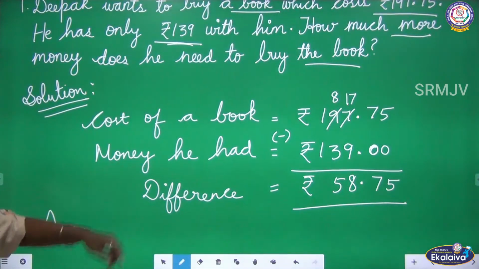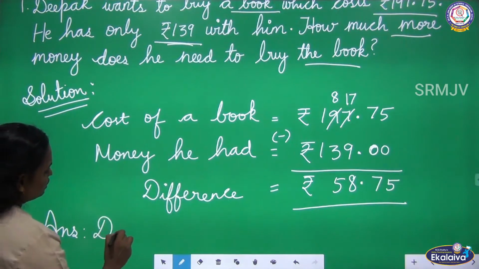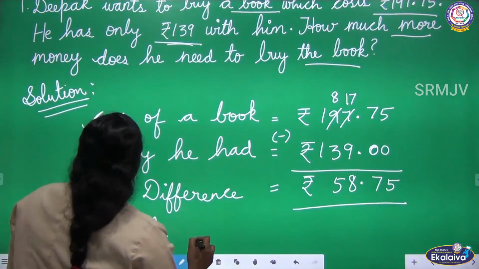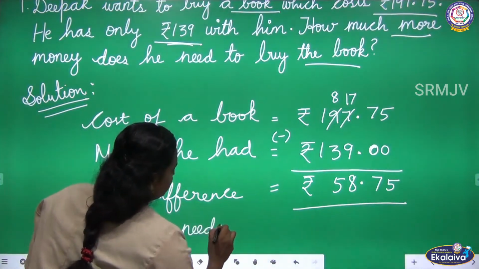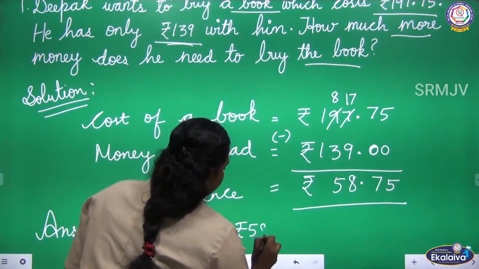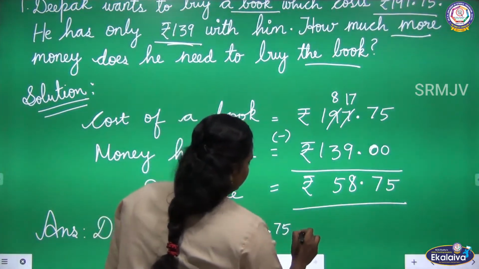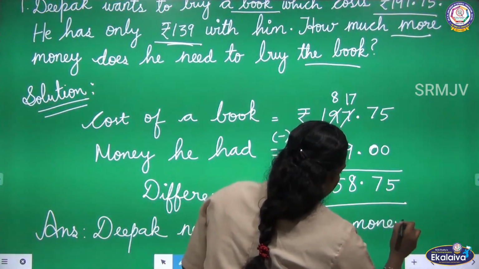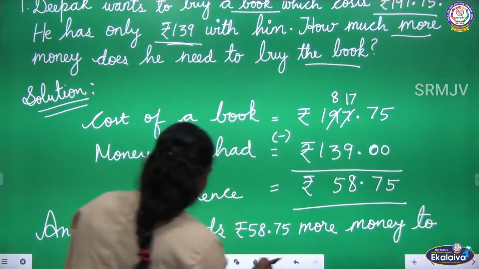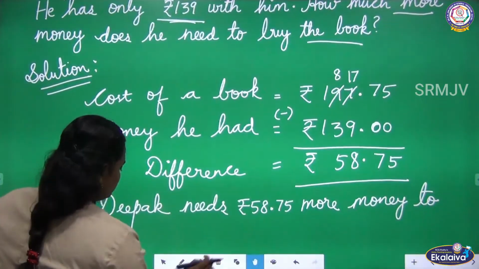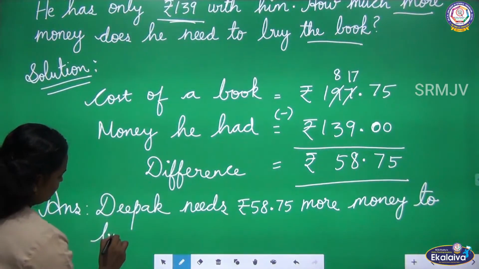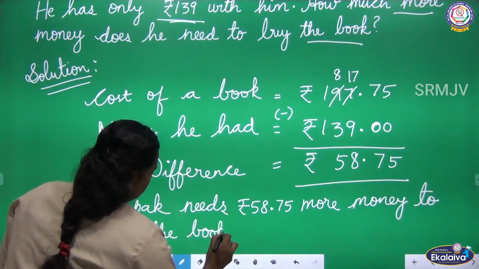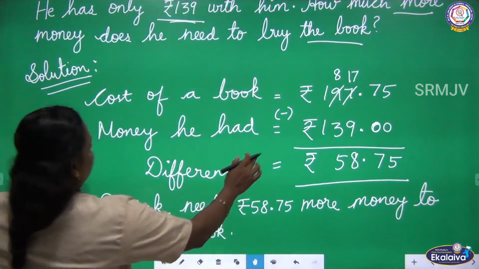So Deepak needs rupees 58 rupees 75 paise more money to buy the book. So listen, children.